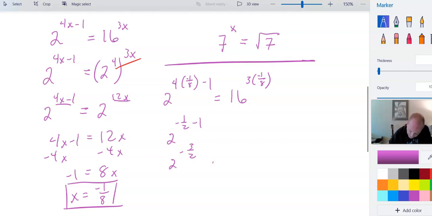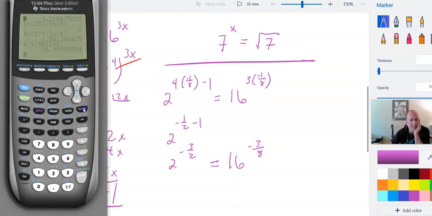And then we need to simplify this. Well, actually, I can do that a lot quicker. Let's see if that's equal to 16 to the -3/8. Okay, so what we're going to do here is pull up our magic calculator and just plug both of them in. Right? We can clear things out this way.